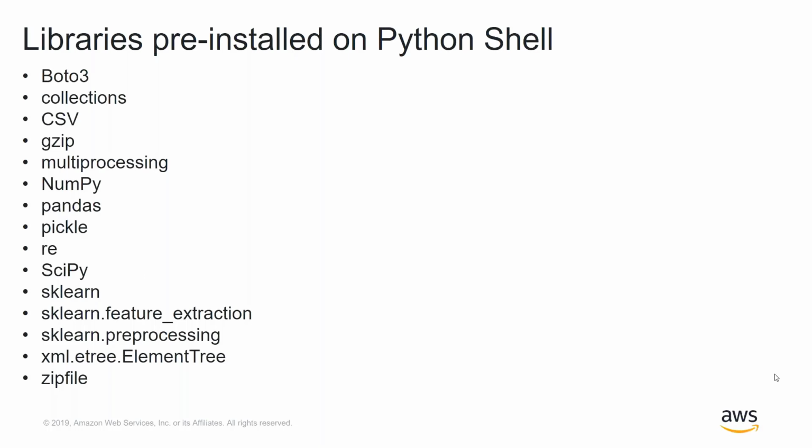Boto is obviously installed as part of the suite of libraries that we have. The nice thing about this is, if you want to use some of these popular Python libraries, you don't have to import them. You can just bring your script, and if it's a straight up pandas script, you're not importing any more Python libraries. It's already pre-installed, so you can just start using it, which is quite nice.